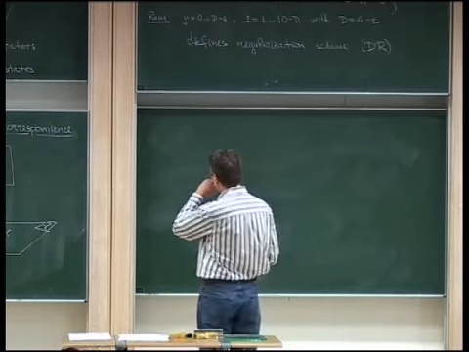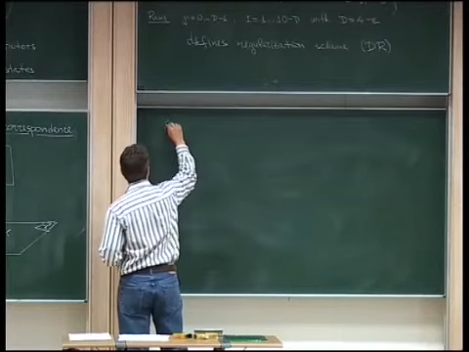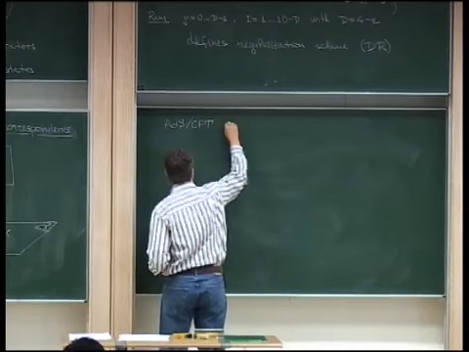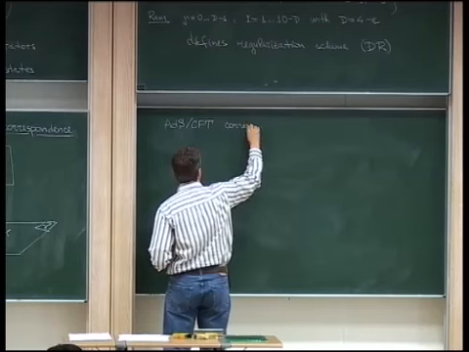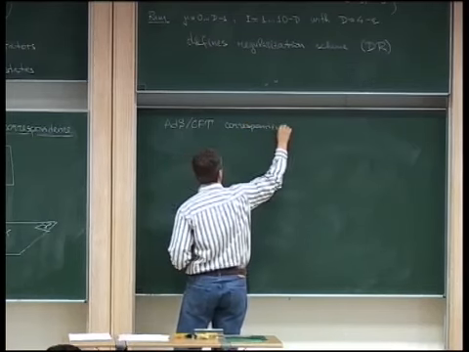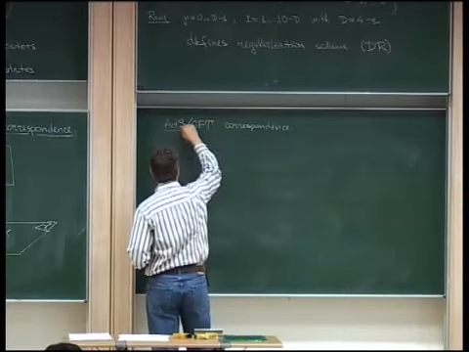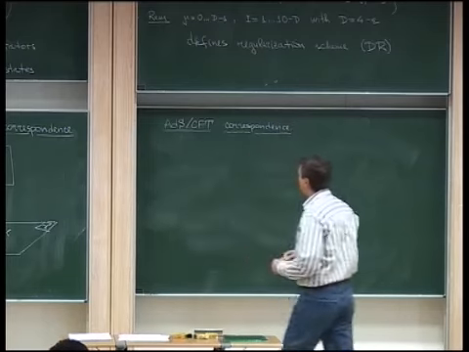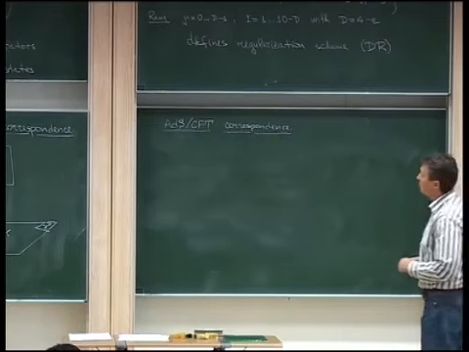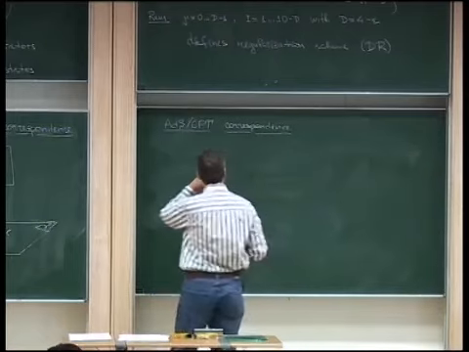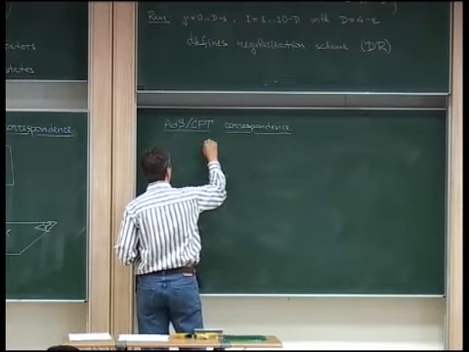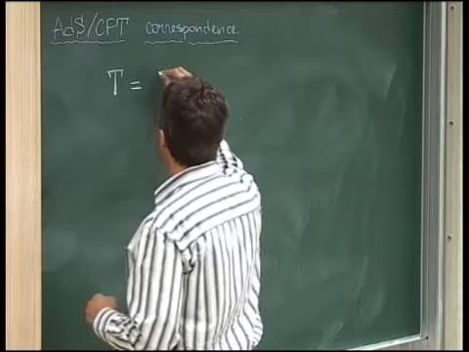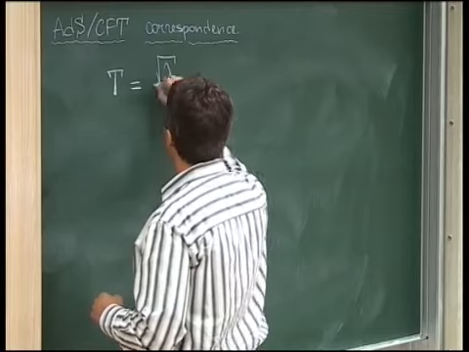So the AdS/CFT correspondence tells us that the string tension is equal to the square root of the 't Hooft coupling divided by 2 pi.